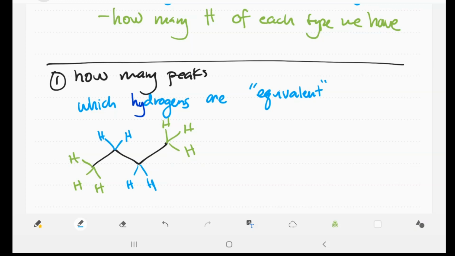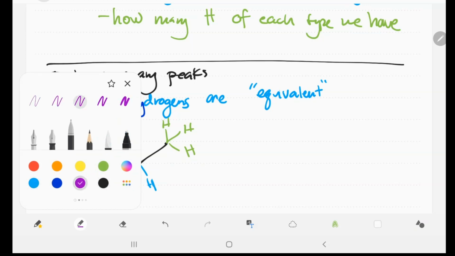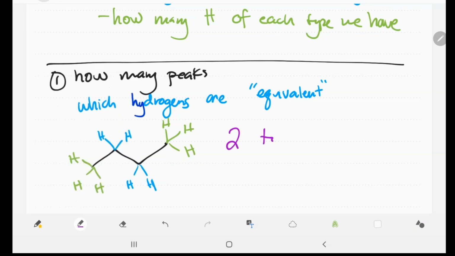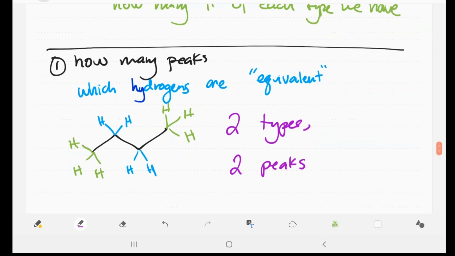And they're kind of at the end of the molecule, right? We're going to see that the blue ones will also experience a similar environment as each other. And so we're going to see that butane has just two types of hydrogens. So we would see two types. We should therefore see two peaks only. And indeed we will. But let's take a look at how to figure out if they're equivalent or not.